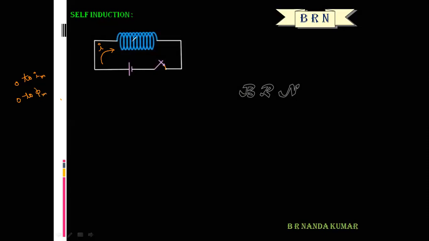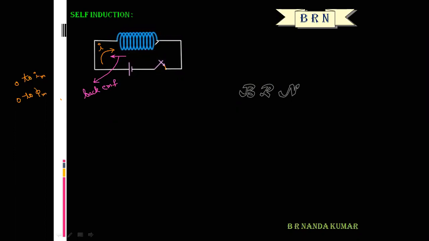EMF is induced in the coil, and according to Lenz's law, that EMF opposes the further change of the magnetic flux. So that EMF is called the back EMF. Back EMF means the EMF which opposes the direction of current.